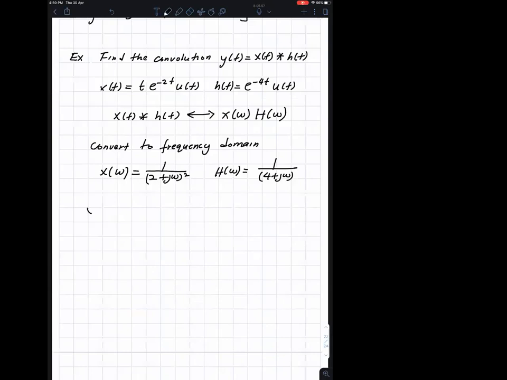Y omega is X omega times H omega, which is 1 over 2 plus j omega squared multiplied by 1 over 4 plus j omega.